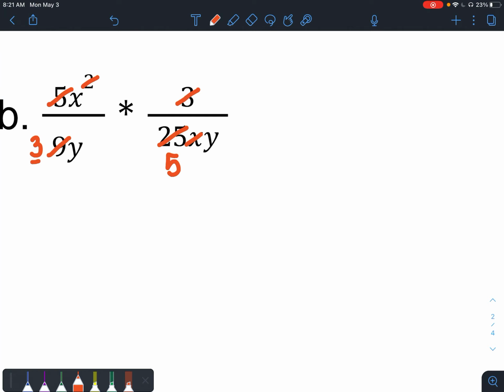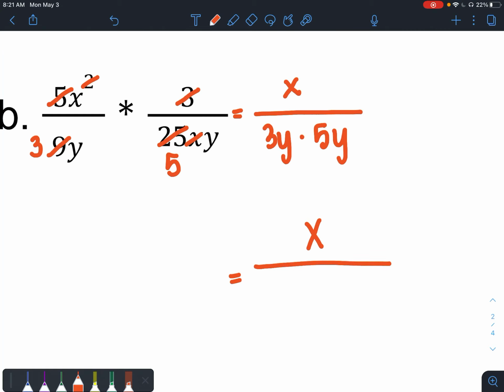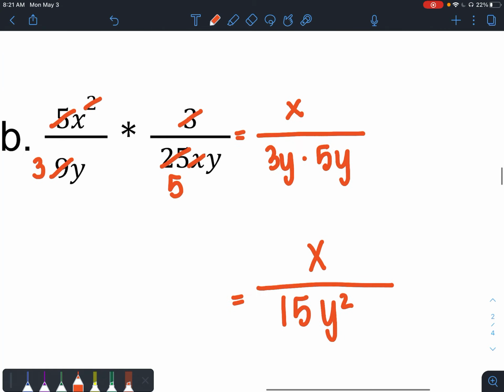So I just divided 9 by 3 to get that. So we'll multiply straight across. In the numerator I have x, and then in the denominator I have 3y times 5y. So I get x over 15y squared.